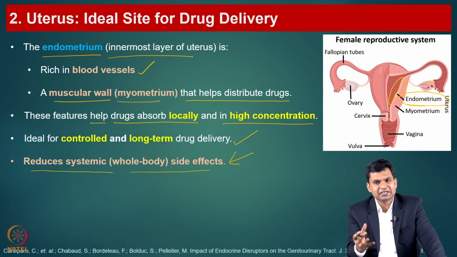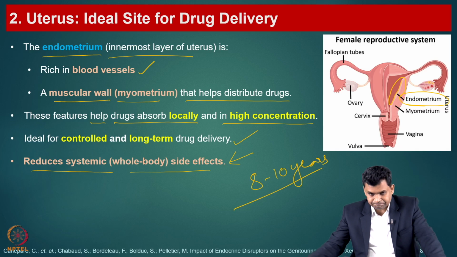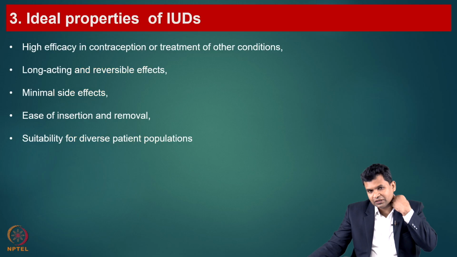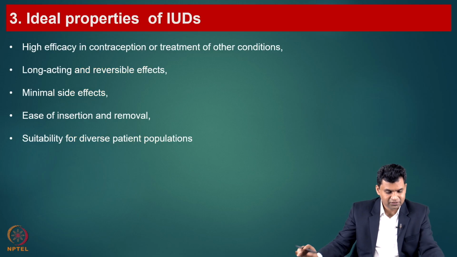Once you place these devices in the uterus, they can work for 8 to 10 years. That is the beauty of the contraceptives. Yes, this can definitely overcome all the limitations of conventional oral contraceptives, where we need to take regular medicines, right.